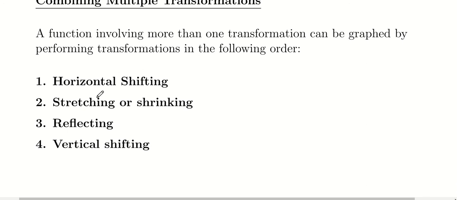Then we would follow that up with any stretching or shrinking, both vertically and horizontally. The next step would be to handle any reflections. And then lastly, to handle the vertical shifting. So horizontal shifts, stretching and shrinking, reflections, and then lastly the vertical shift.